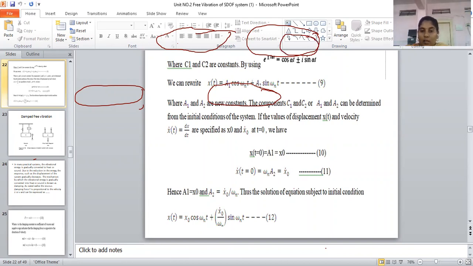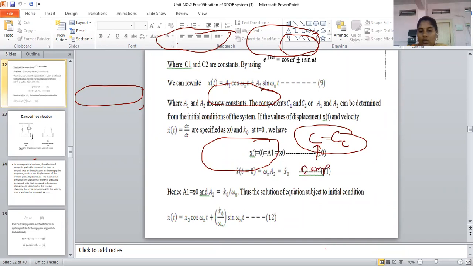The radical part that I have written here is (C upon twice m) whole squared minus K by m is equal to 0. At that time, C is equal to Cc. So what is the C value? C is nothing but the damping coefficient.